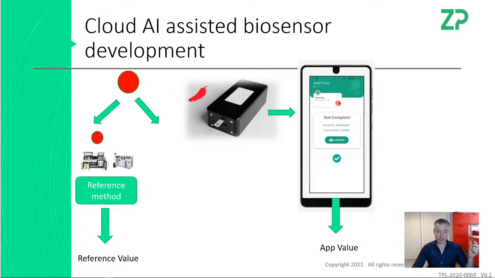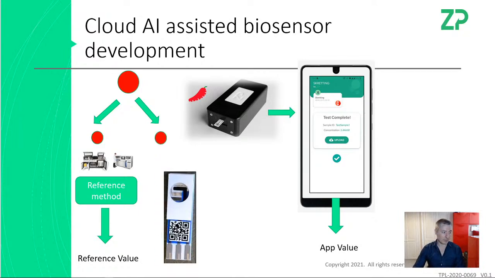We have an original sample, we test it on the reference method, and we get a reference value. We take another part of the sample and test it on the biosensor we've developed, which goes into the meter, and we get the app value. So now we've got two values, reference value and app value, and we can answer the question: how well correlated are these things?